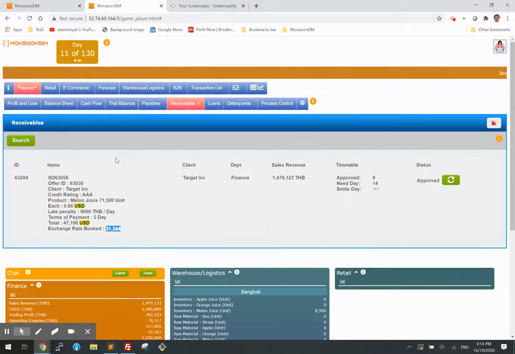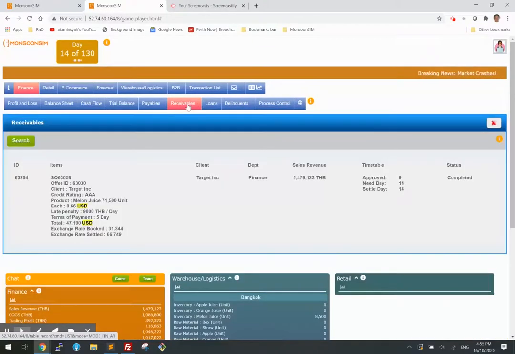Unfortunately, or fortunately for me, the crisis hits. So now, if I look at the exchange rate during my settlement day, I should gain a lot of money because my local currency just dropped a lot. So let's see. Day 14, it is settled, and my exchange rate has risen to 66, almost double.